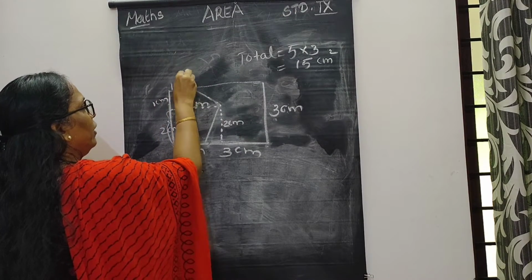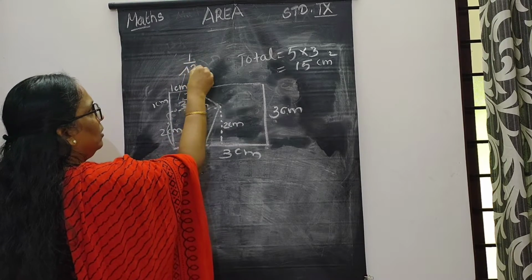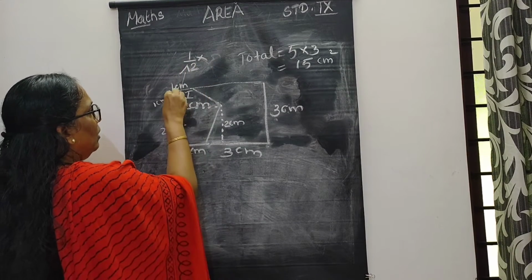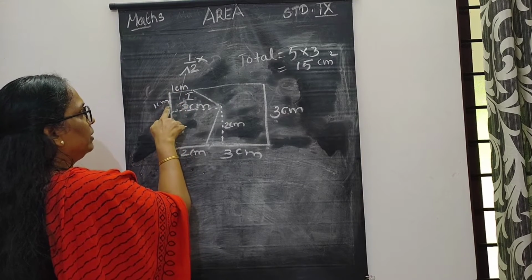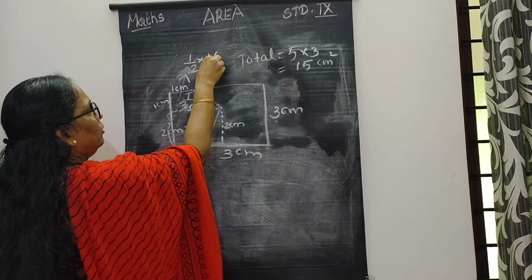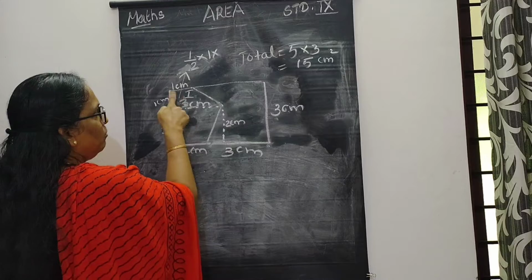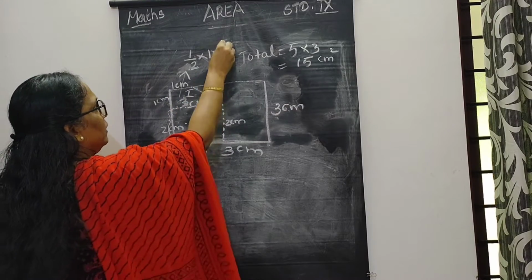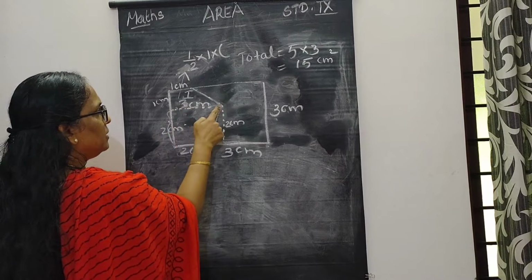How do we find the area of this trapezium? Half into height. What is the height here? We can take the height as 1 centimeter. So half into 1 into the sum of these two parallel lines. Which are the parallel lines here? 1 centimeter here, and here it is 3 centimeter.